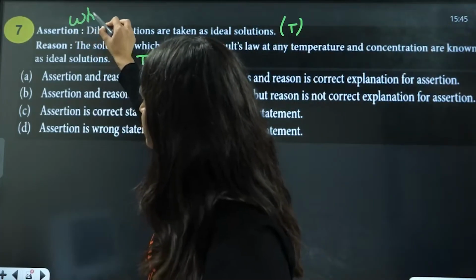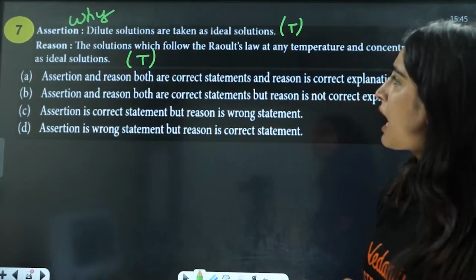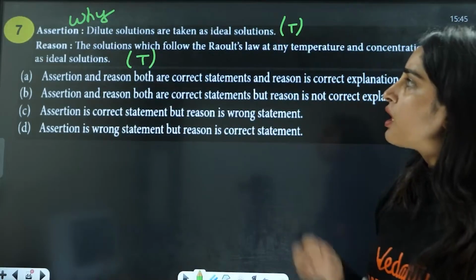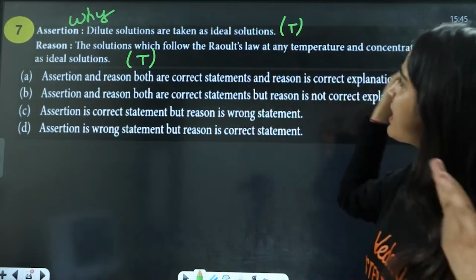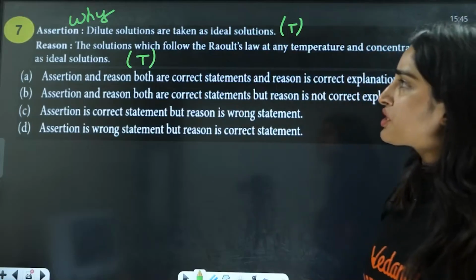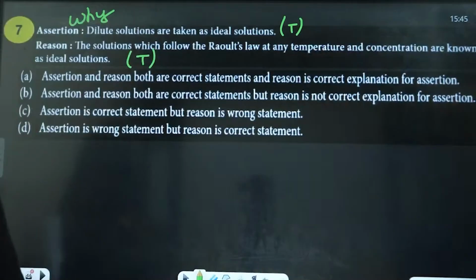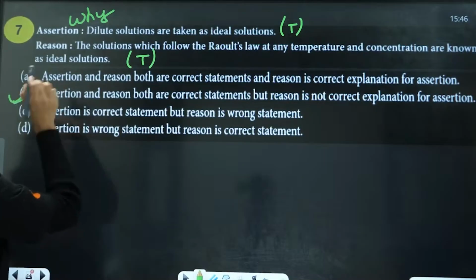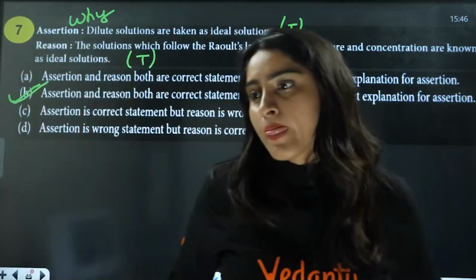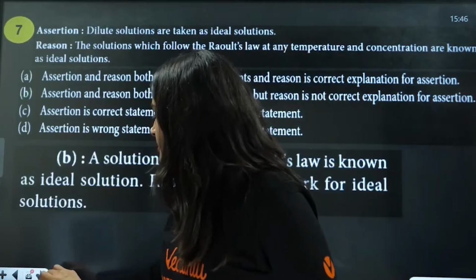Now ask why. Why are dilute solutions taken as ideal solutions? Because they show a wide range at any temperature and concentration. No, this is not giving the right answer. This is not the answer to our question. So here B is going to be the right answer.